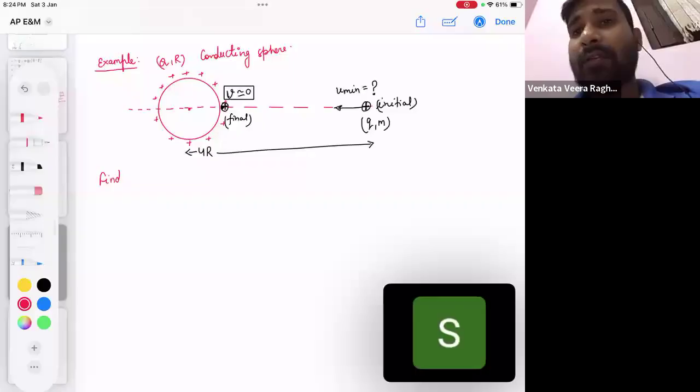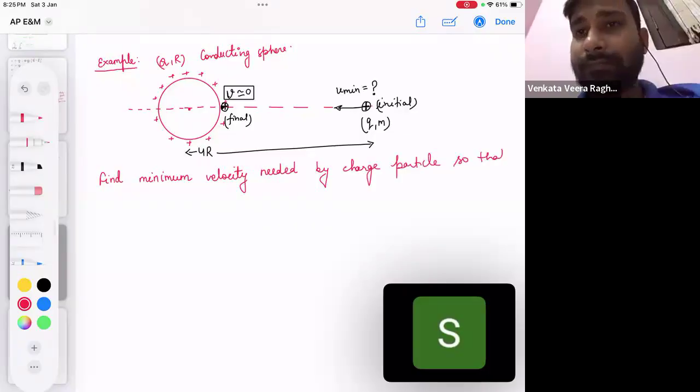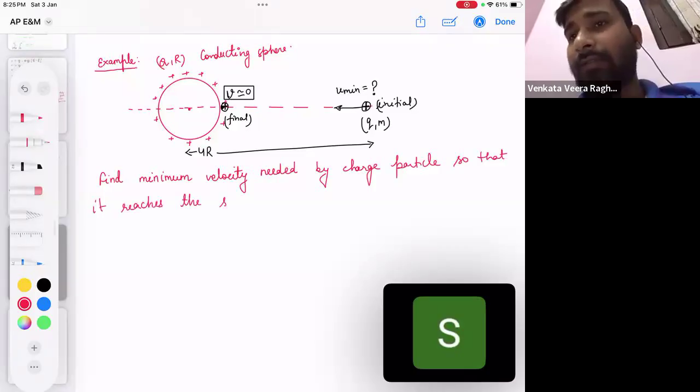Find the minimum velocity needed by the charged particle so that it reaches the surface of the charged sphere. Understood the question? Surface of what?